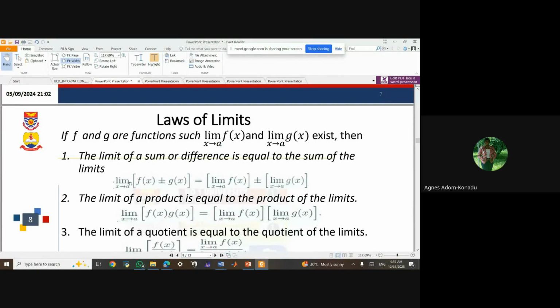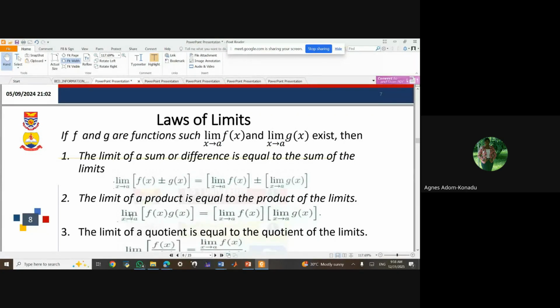First, the limit of the sum or difference of two functions: the limit as s approaches a of f of s plus g of s, or f of s minus g of s, is the same as the limit of f of s, plus or minus the limit of g of s. So you can find them separately, the limit for f of s and then the limit for g of s.